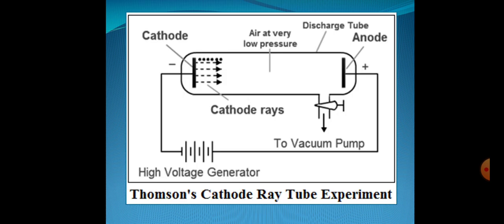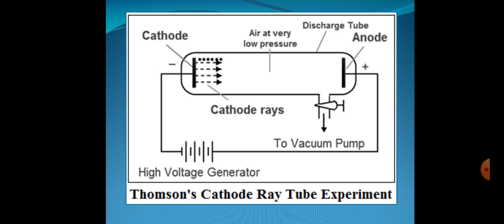So in the diagram you can see a cathode ray tube. In this tube you have two wires connected to the negative terminal and the positive terminal of the battery. The wire connected to the negative terminal of the battery is the cathode electrode, and the one connected to the positive terminal of the battery is your anode electrode.